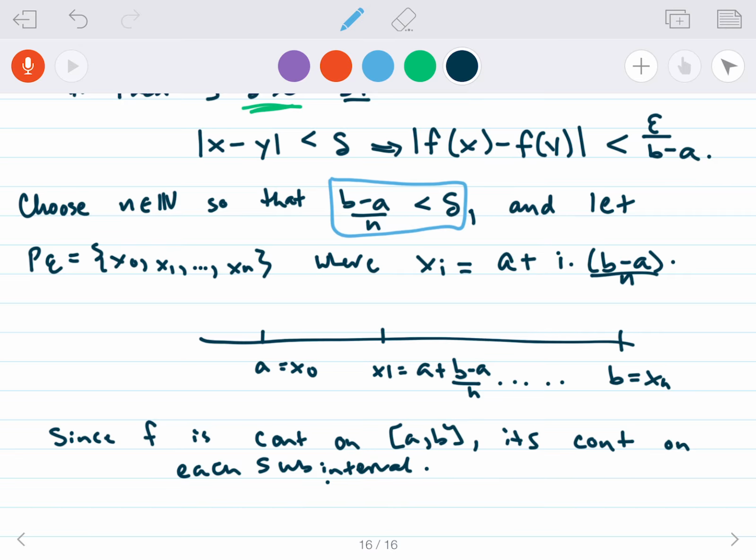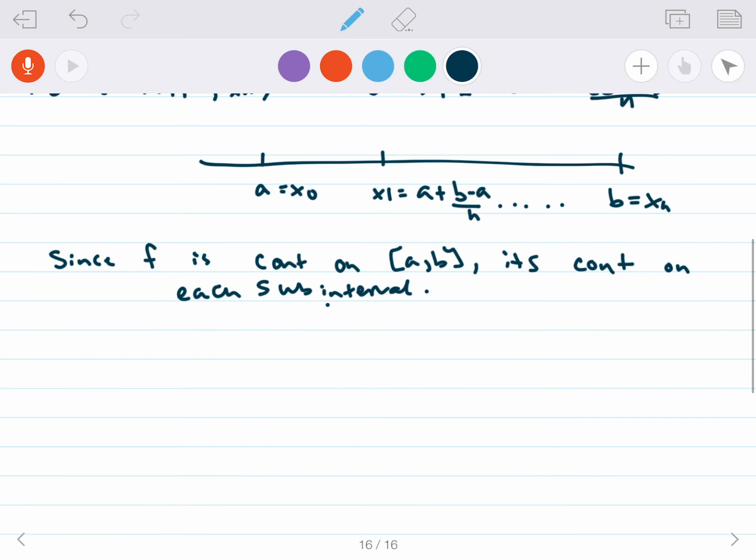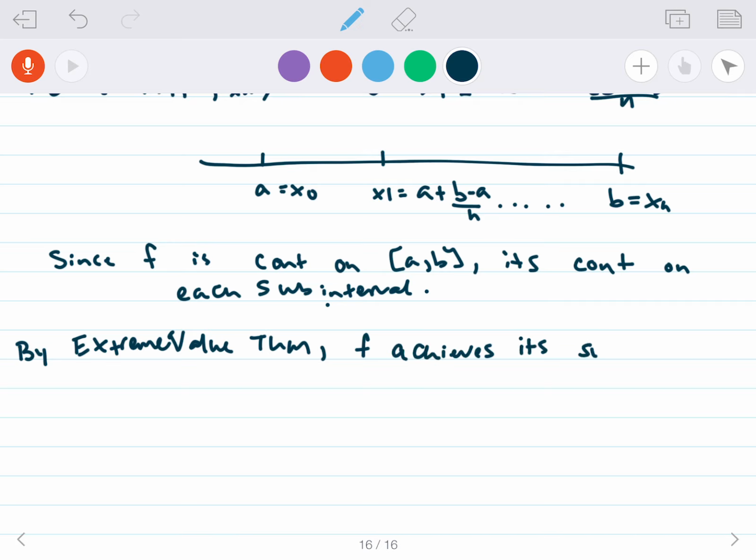So again, remember what the extreme value theorem said. It said that on an interval where f is continuous, it's going to achieve its supremum and its infimum. Okay, so by the extreme value theorem, f achieves its sup and its inf on each subinterval.